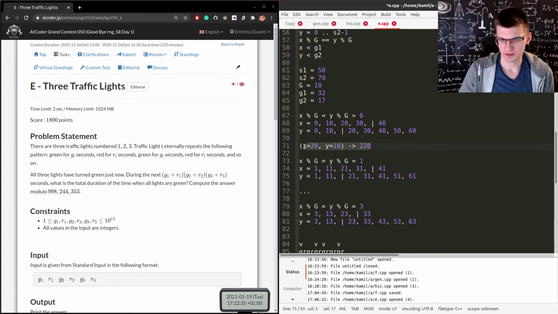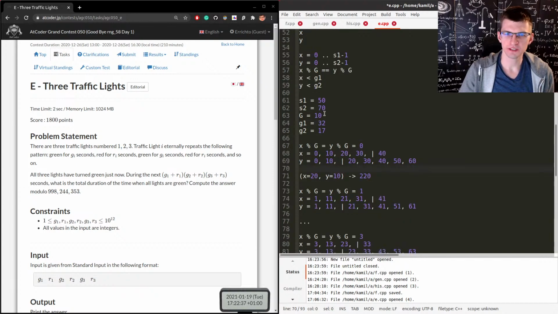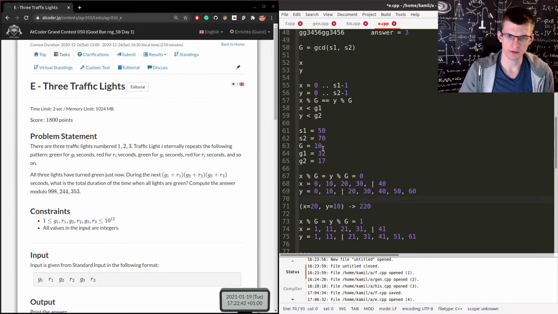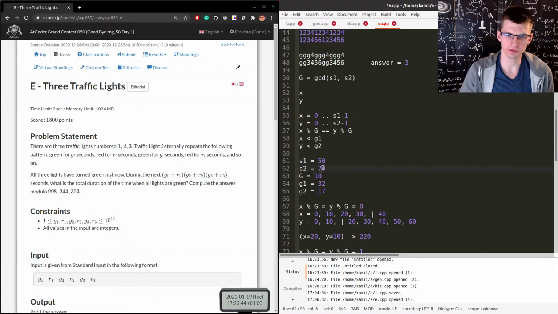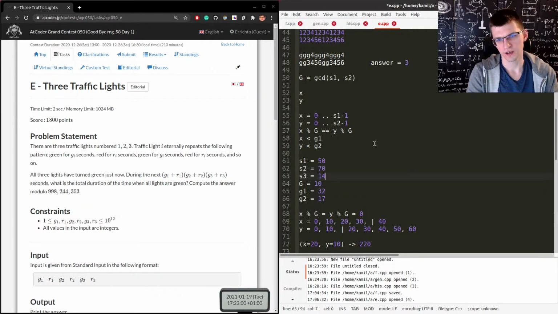All right. Now when we have some other number, it will have GCD with 50 and with 70. And some of that can also have some non-trivial GCD with 10. Let's say that this third number is 14.